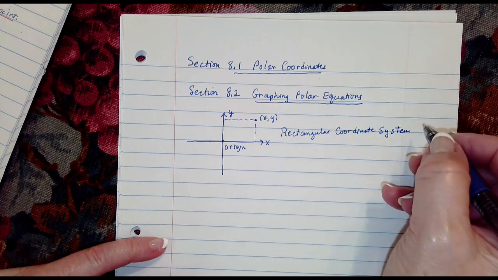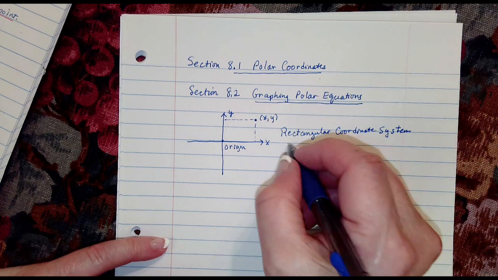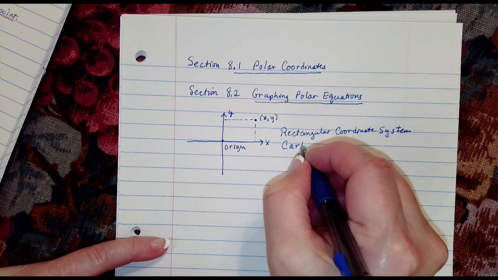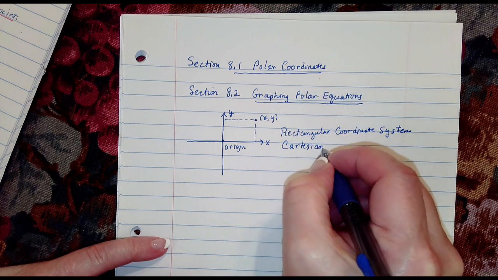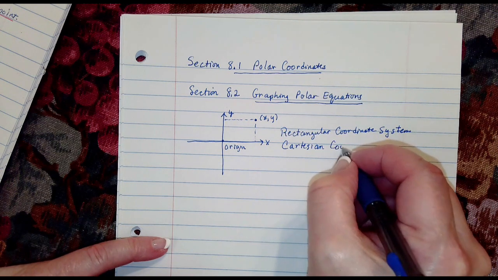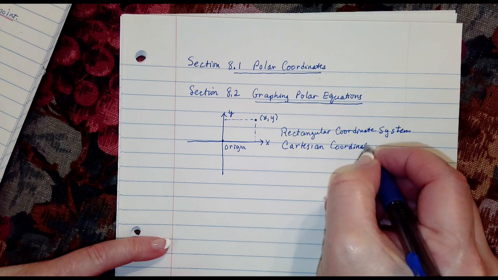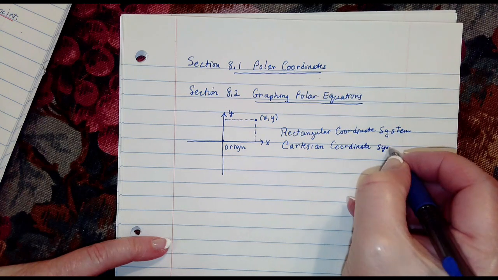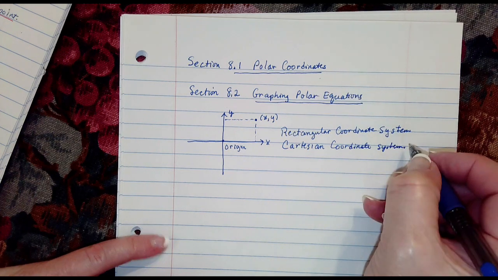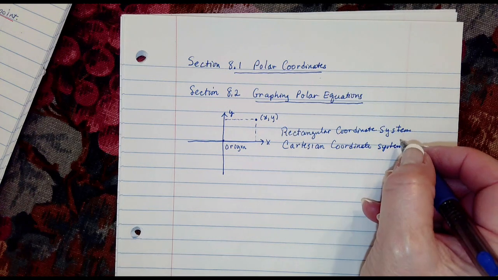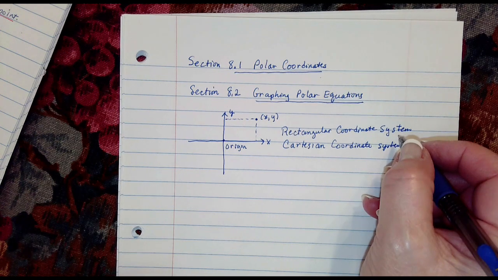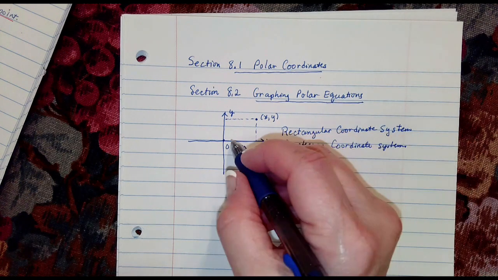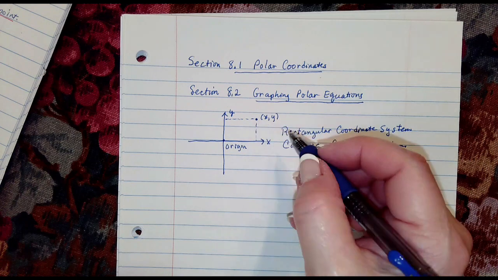Other than a rectangular coordinate system, it's also called a Cartesian coordinate system. The reason it's called Cartesian is because it's named after a mathematician, René Descartes. So when we have a rectangular coordinate system, we've got over x and up y.